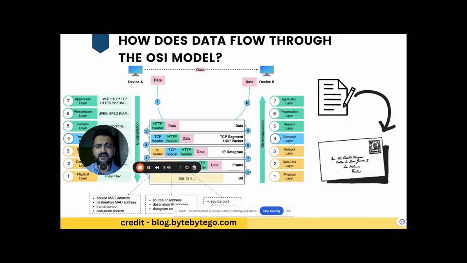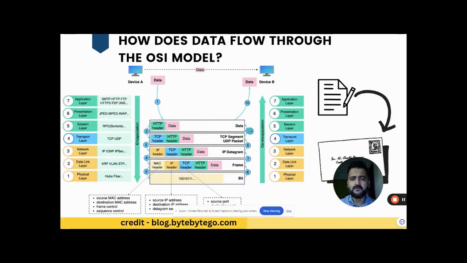I've also taken some snippets from the ByteByteGo newsletter and blog. It's a very famous blog by Alex, and I really learn a lot from him. It shows how the data, when it starts, is plain data, but then as it goes through different layers of the OSI model, at every layer one header gets attached.